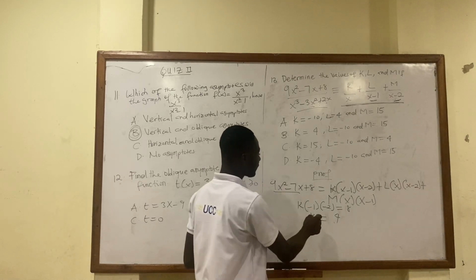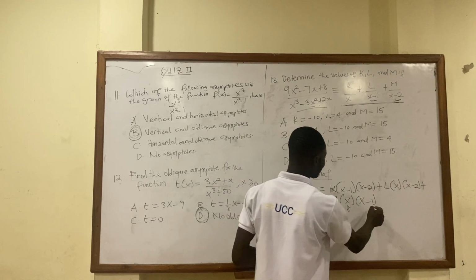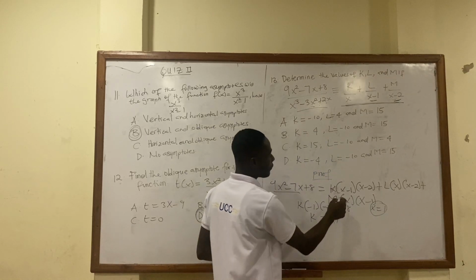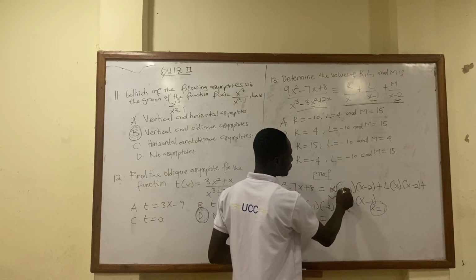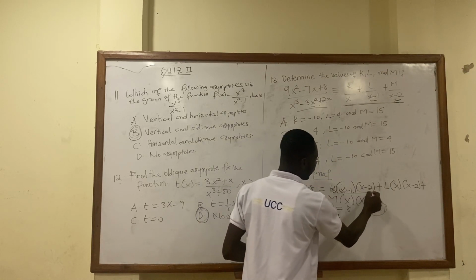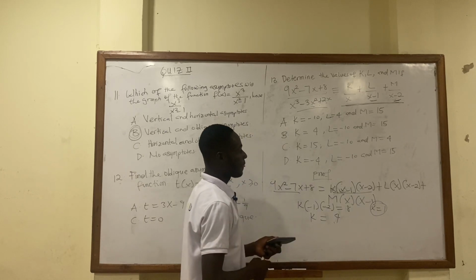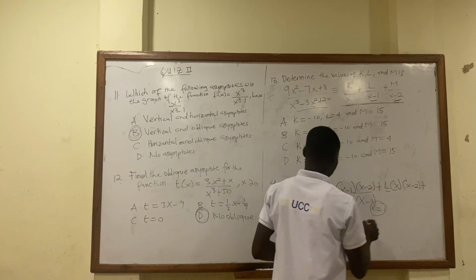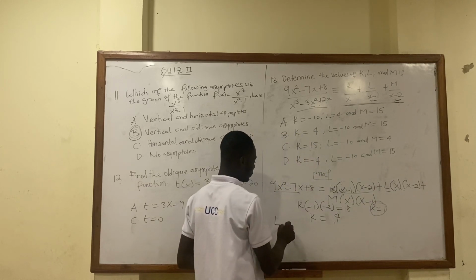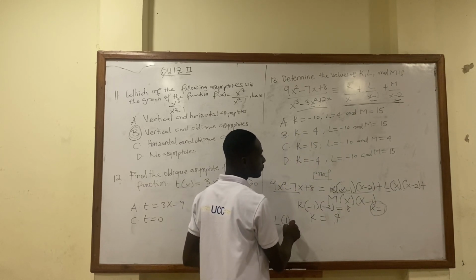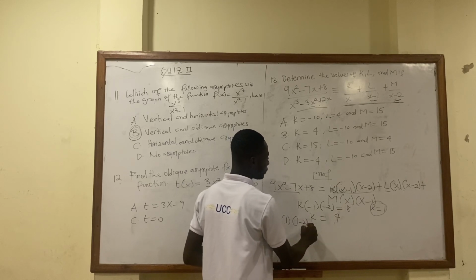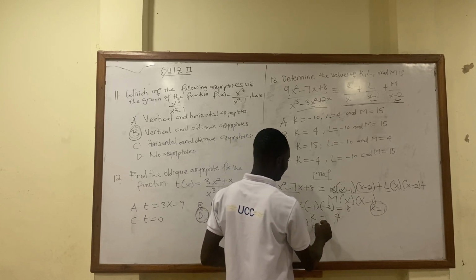And then when x is equal to 1, this will go to 0. All right, so all this part will go to 0, and then you have l in there, so we have 1 minus 2 plus m.